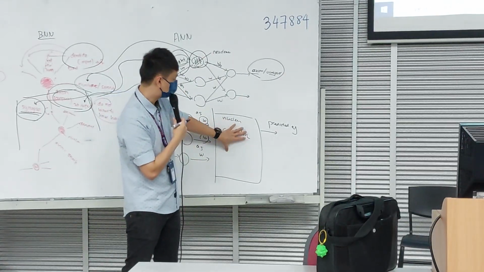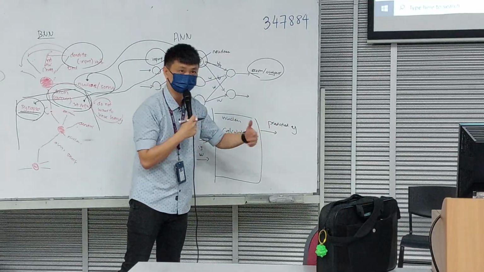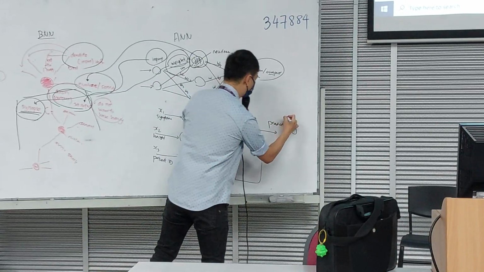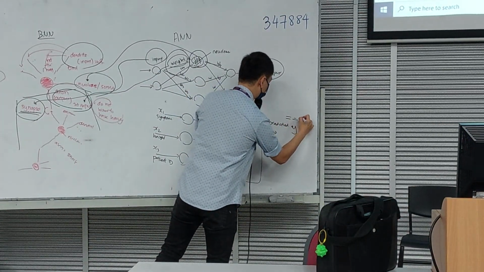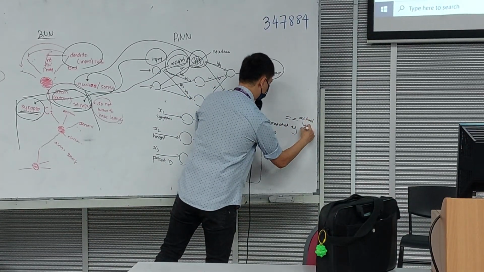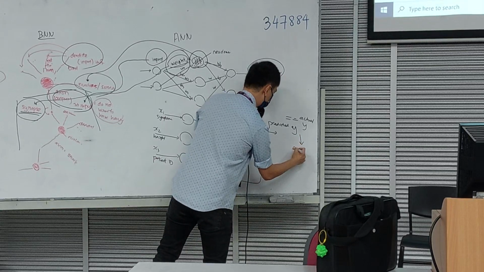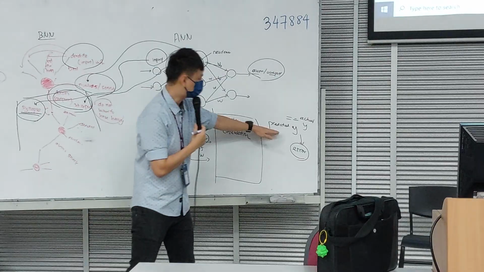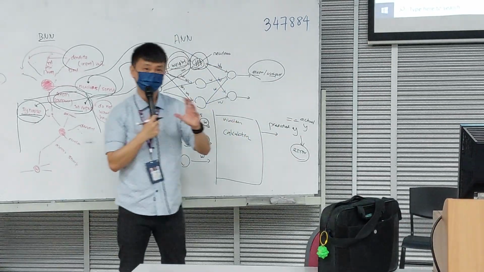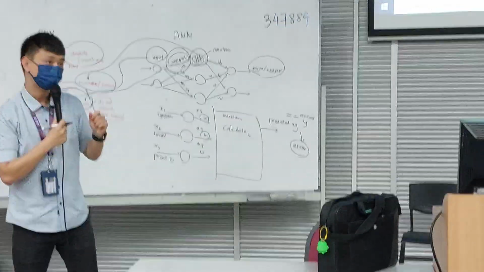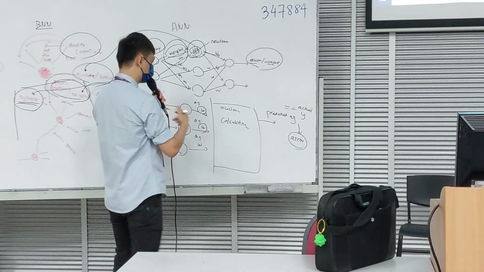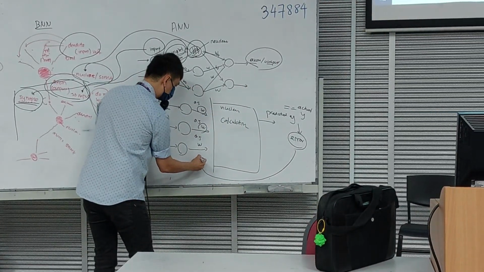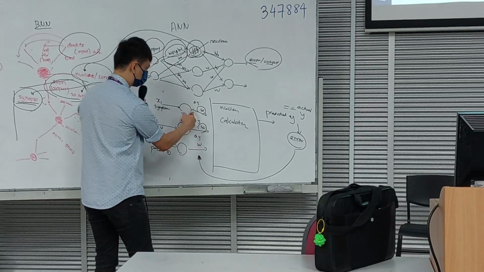Once you perform the calculations, we will generate some predicted Y. This predicted Y will be compared to the actual Y, so that we can get some error value here. Okay, you have a predicted Y, you have an actual Y, you can calculate the errors. What is the purpose of these errors? These errors will then feed back here to adjust this weight.